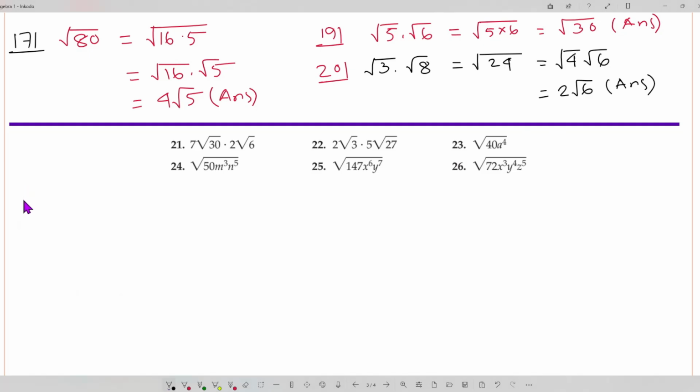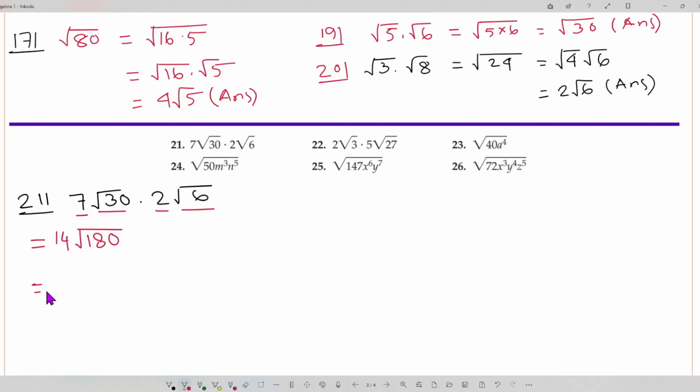Number 21. Here is 7 root 30 times 2 root 6. So we have to make this one carefully. How? Look, this 7 times 2 is 14 and this root 30 and root 6 we can write root 180, right?